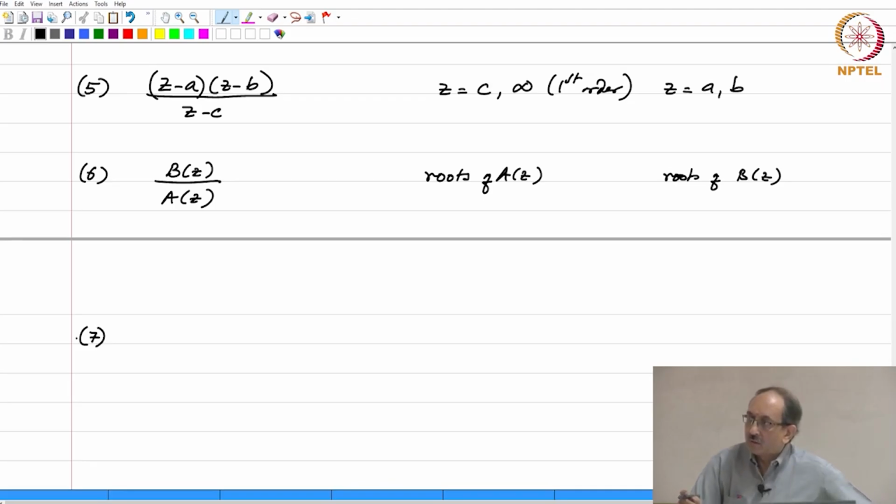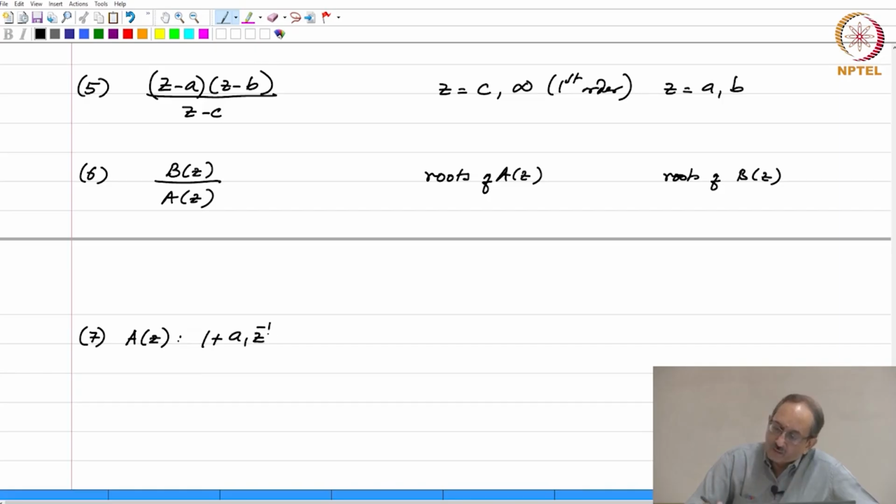Suppose you had a Z transform of this form, 1 plus A1 Z inverse plus A2 Z to the minus 2 up to AN Z to the minus n.